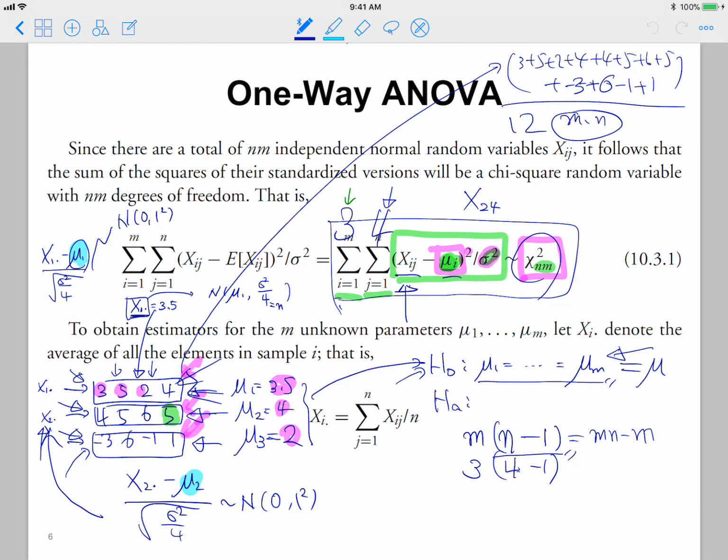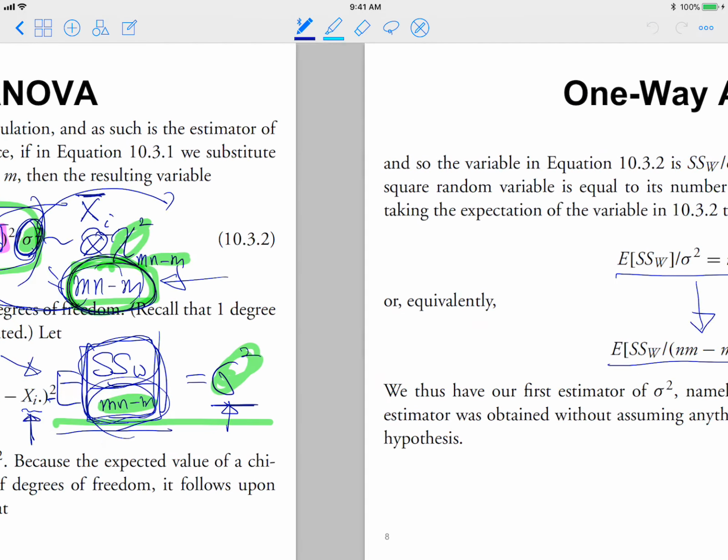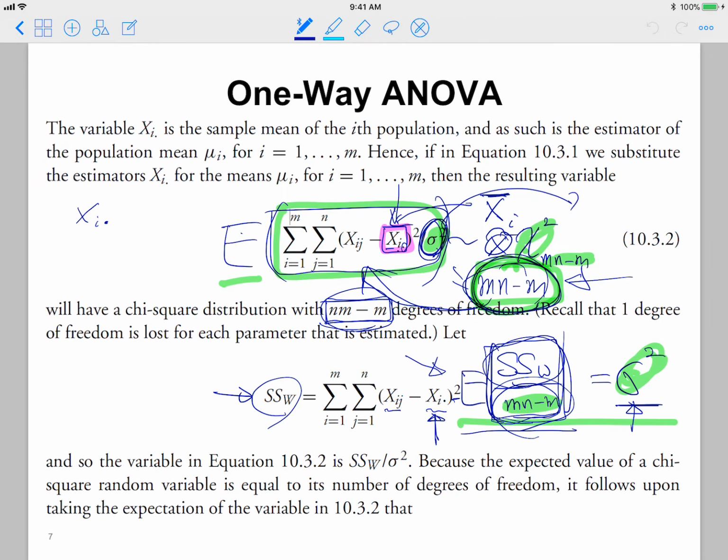So suppose we used this mu, the common mean value, in the place of mu1, mu2, and mu3.